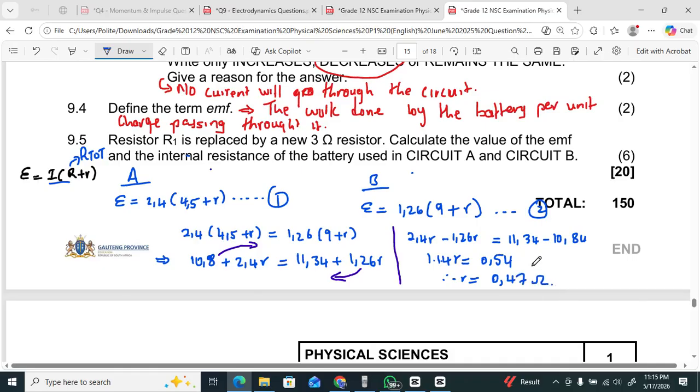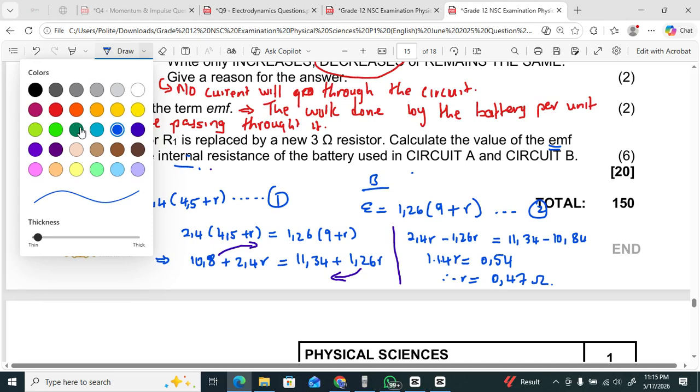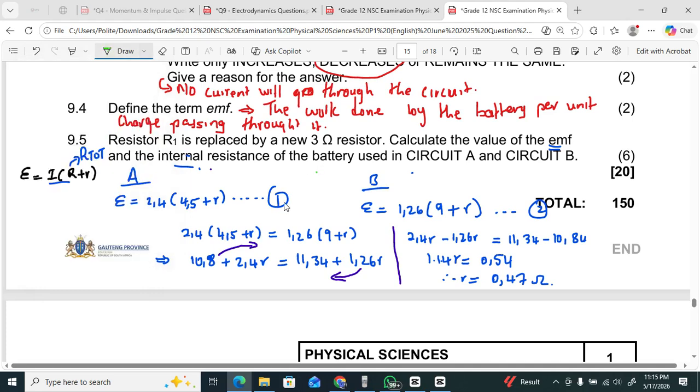Okay, but now the question said find the value of EMF and the internal resistance. So already we have the internal resistance. We can just come back to this equation and do the substitution to find the final EMF.